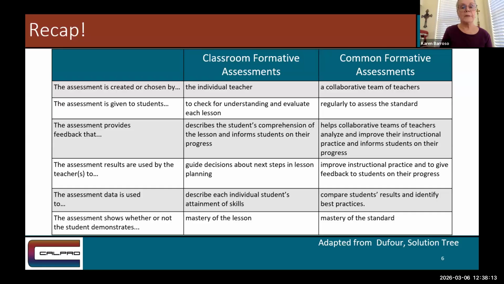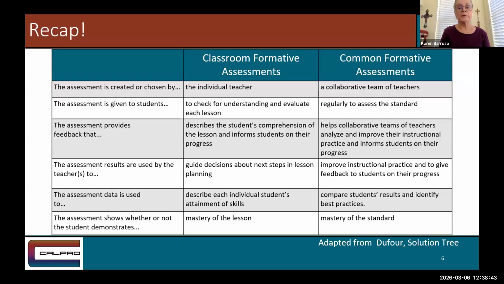The next one, the assessment provides feedback that describes the student's comprehension of the lesson and informs students on their progress. And common one, helps collaborative teams of teachers analyze and improve their instructional practice and inform students on their progress. Okay, so we keep seeing the difference. One is classroom, teacher specific, one is more collaborative with teachers.